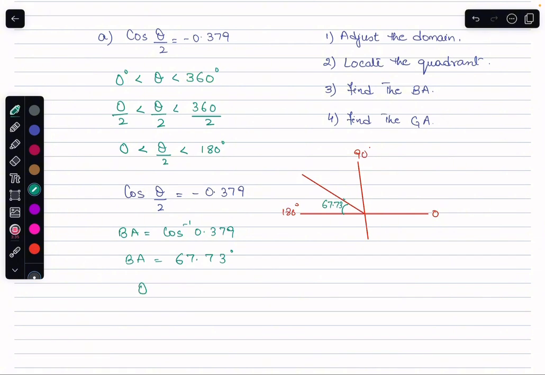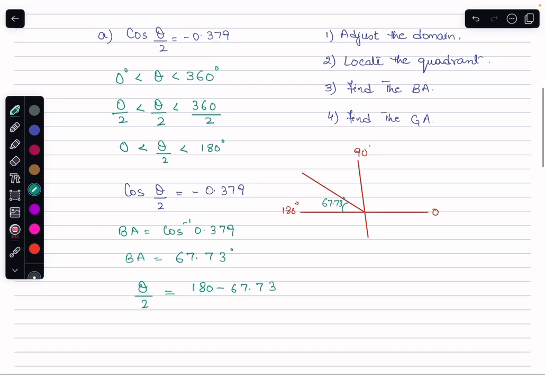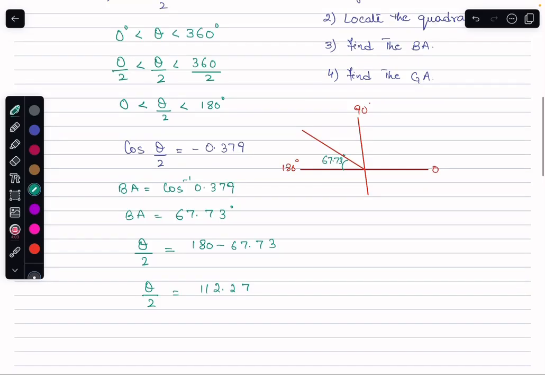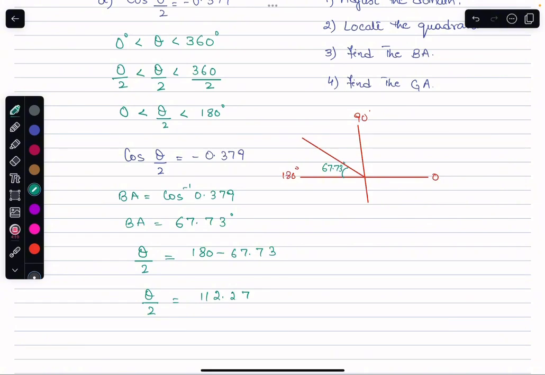So for the general angle, I should say it's a theta by 2, which then shall be equal to 180 degrees minus 67.73, which will give me the answer for theta by 2 as 112.27. So I can see that for theta by 2 I have this angle which is 112.27, and it is in the domain of 0 to 180 degrees.